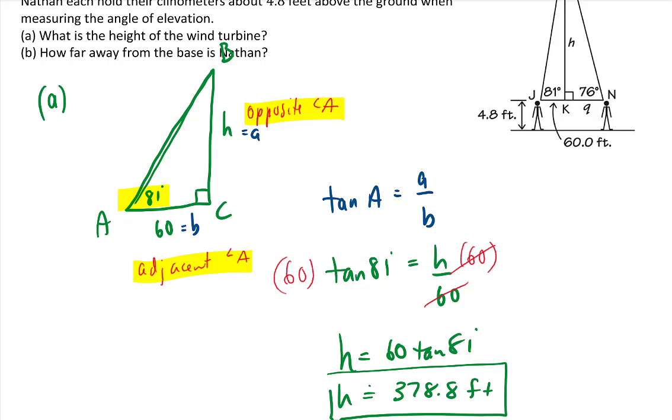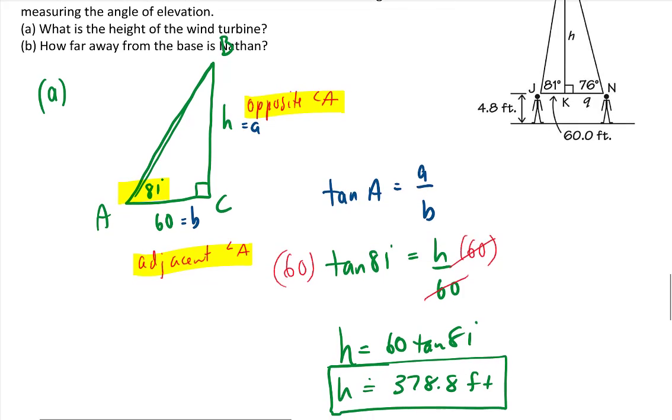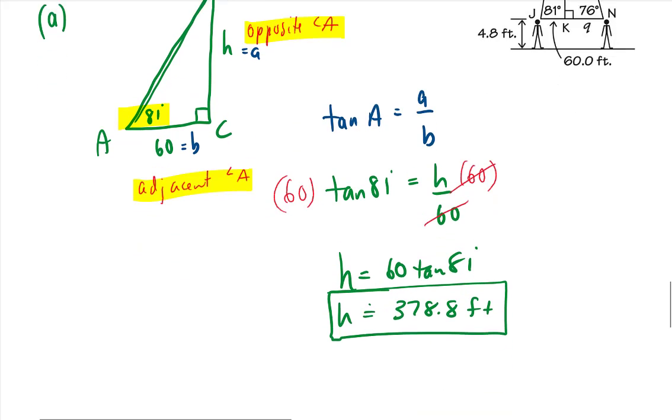That's H. But that does not answer our question. That's not the height of the wind turbine, because we have to include the fact that the measuring device they used was 4.8 feet off the ground.